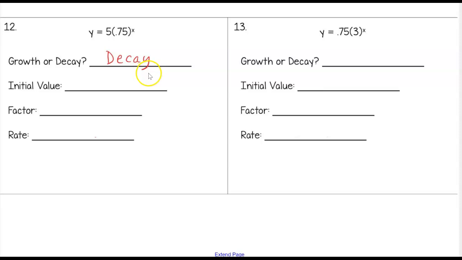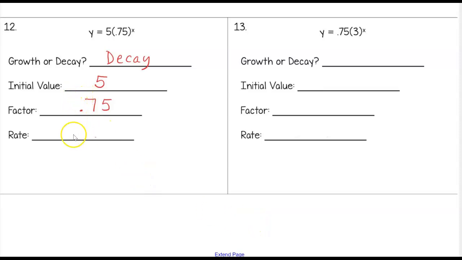Can you find the initial value? The initial value is 5. What's the factor? The growth factor is going to be 0.75.